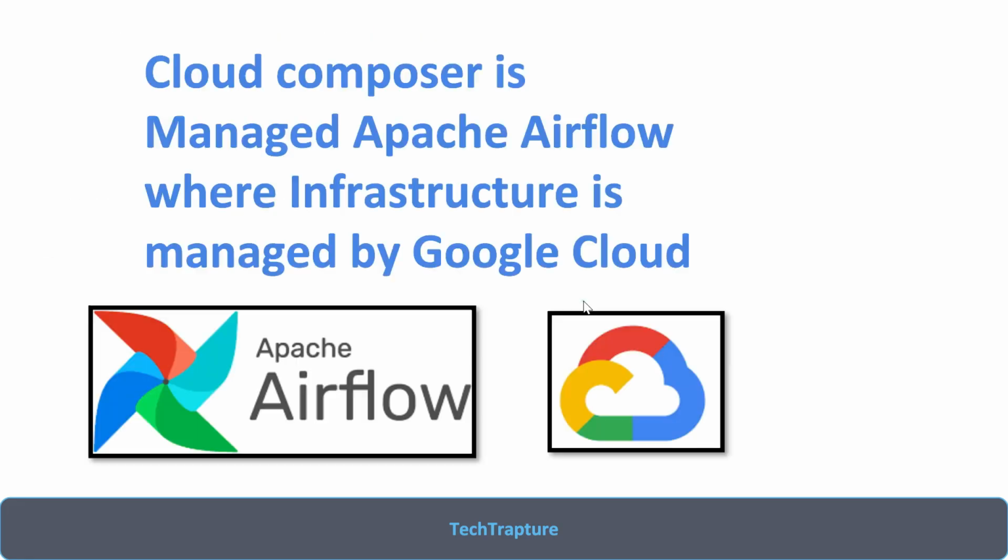First we'll see what is Cloud Composer. Cloud Composer is a managed Airflow where infrastructure is managed by Google Cloud. Now Airflow is a separate technology. But what Google Cloud did, Google Cloud said instead of you manually installing this Apache Airflow software or tools on Linux servers or any other servers, we will manage infrastructure for you. We will take care of all the installation, we will take care of all the database.